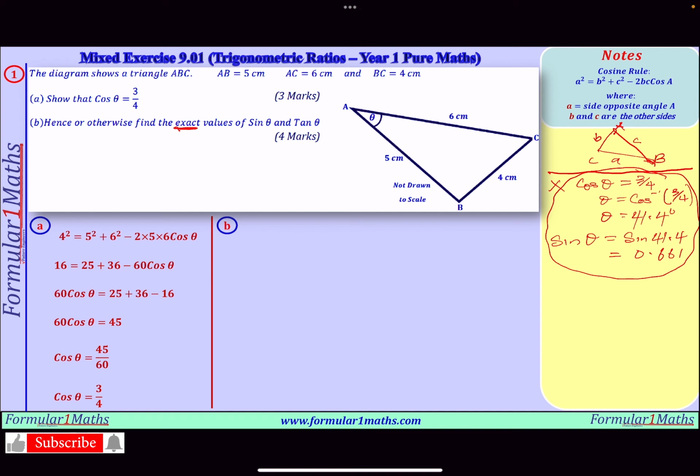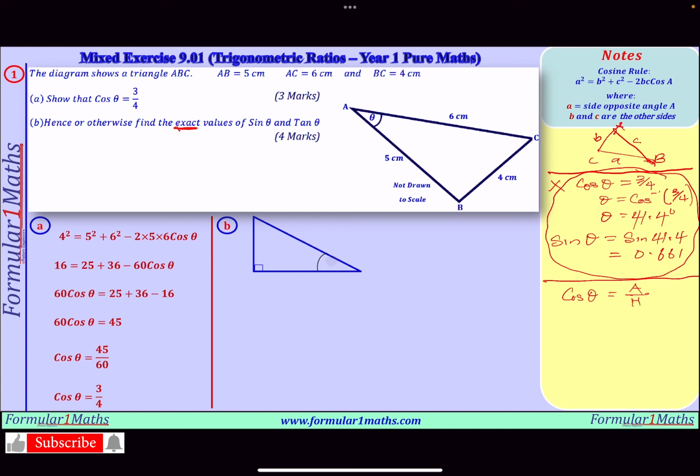So how do you do this then? There are two ways to solve this question. The first one is to draw a right-angled triangle like this. Because we have cos theta is equal to 3 over 4, and using the definition of cosine theta, which is adjacent over hypotenuse, I can decide to put theta over here.